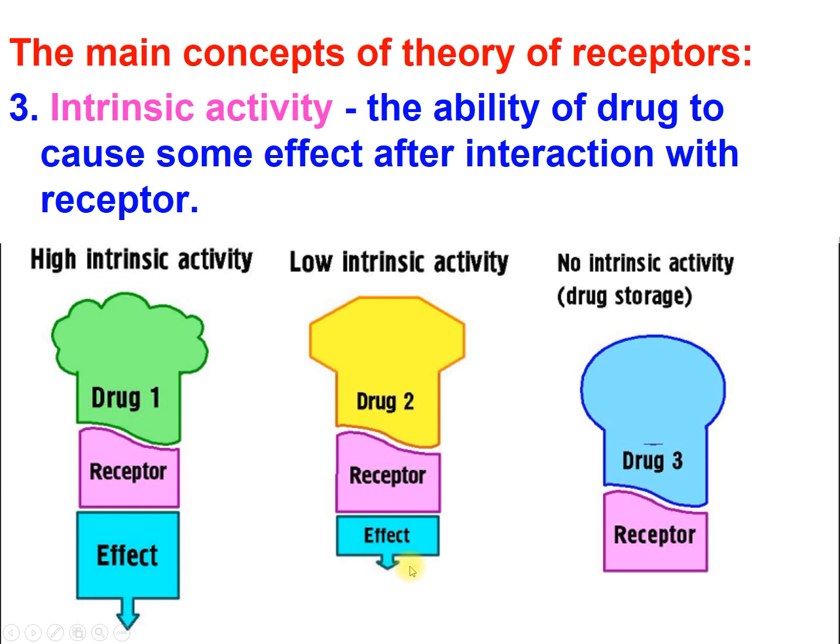And also we have drugs with no intrinsic activity, and these drugs, despite the fact that they can bind to the receptor, produce no effect. And usually we call such kinds of drugs antagonists of these receptors.